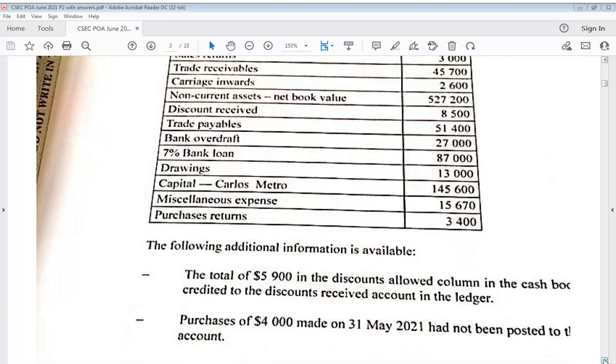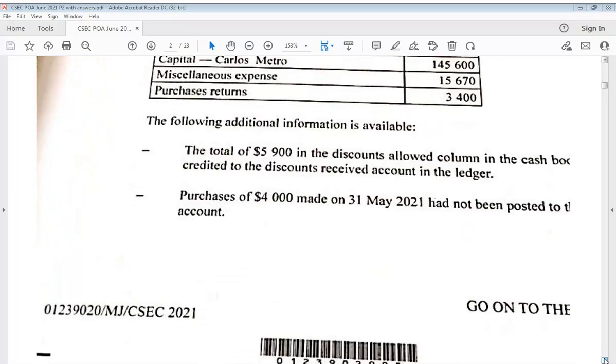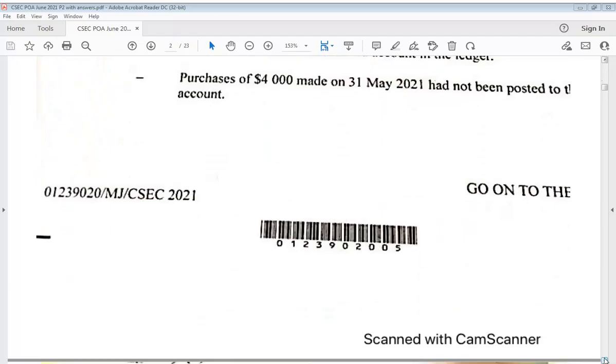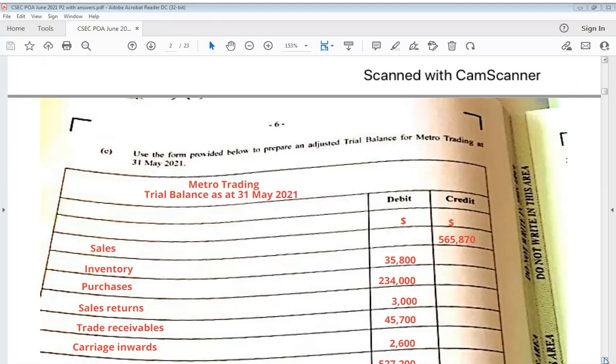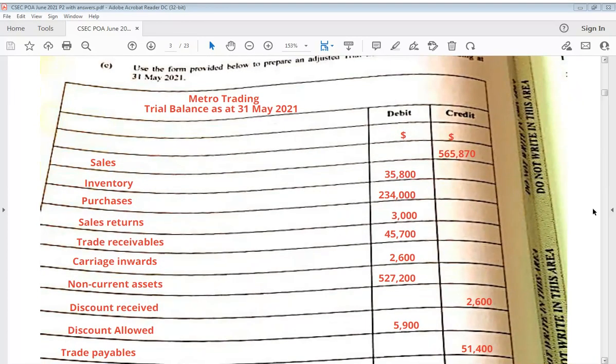Right, so let's look at what our trial balance would be.